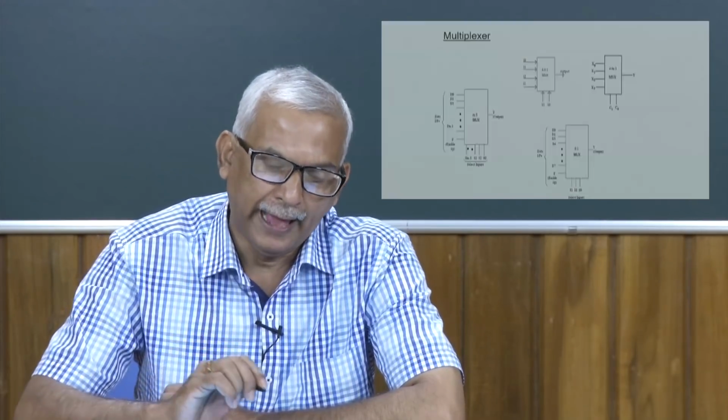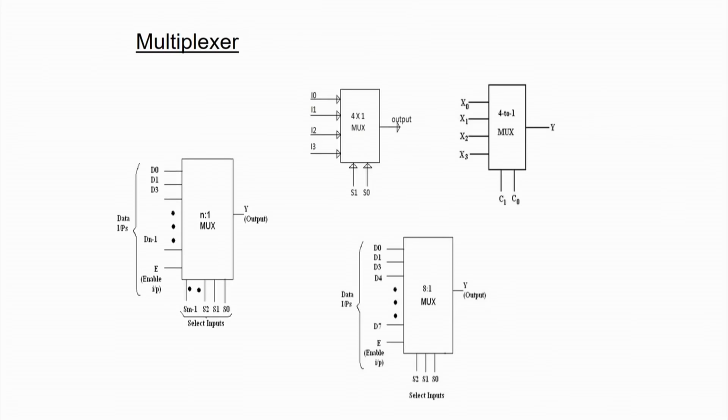So, it is called an n by 1 mux. Now, how are we going to select it? For that we need some select lines or control lines. Those control lines depend on the number of input lines. If we are having n input lines, then the number of select lines will be the ceiling of log 2 n.